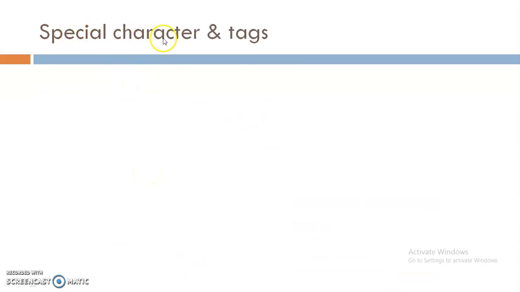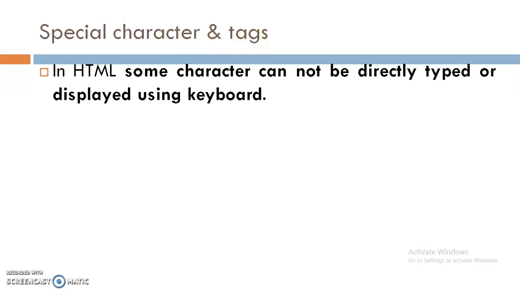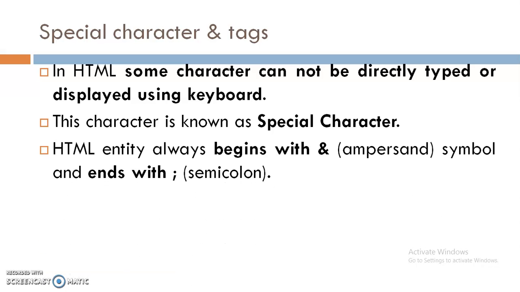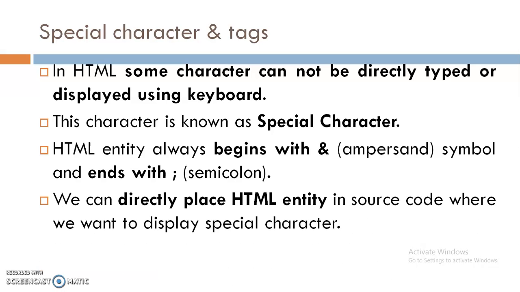Next, special characters and tags. In HTML, some characters cannot be directly typed or displayed using the keyboard. These characters are known as special characters, and they are written in HTML code starting with an ampersand symbol and ending with a semicolon.